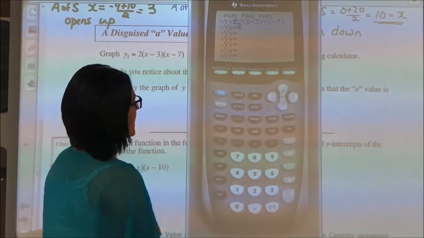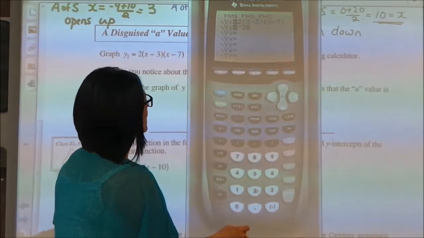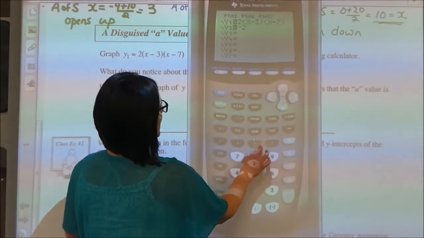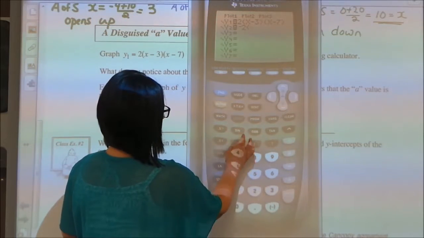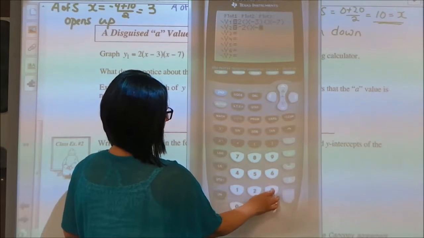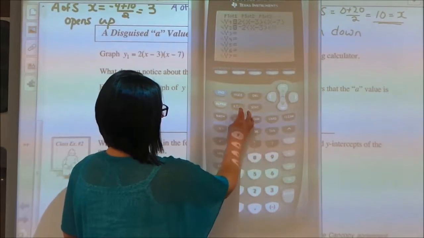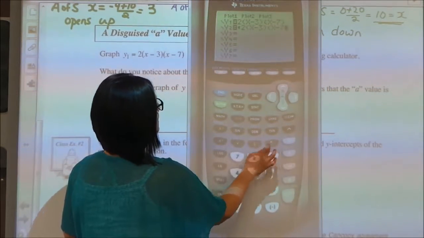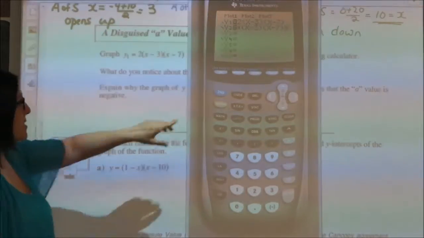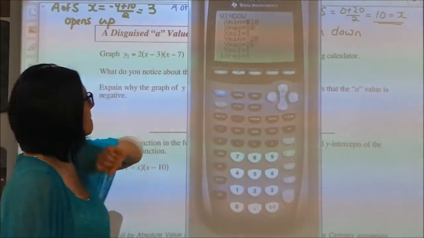And then the next equation is negative 2 times x minus 3 times x minus 7. I'm going to go into my window settings.